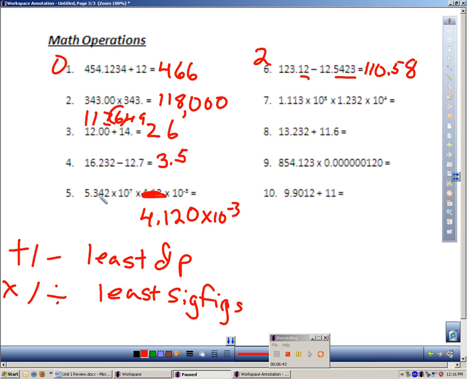All right, let's look at number 5 right quick. Now, for those of you at home, it's going to be a little hard to do this, but I want you to try. Get your calculator out, your 83 plus 84, whatever it is. Turn it on, and put in 5.342. Now, when you come to the times 10, I do not want you to put times 10 caret sign.